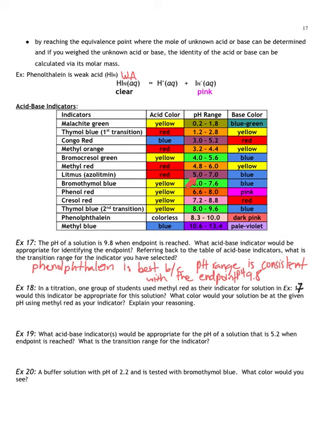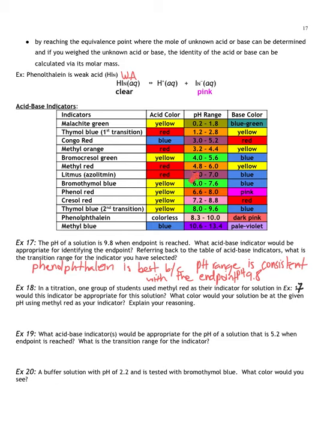You can use litmus because the pH range is within that 5.2, and you can write down the range, 5.0 through 7.0. There's also methyl red you could use, and the pH range is 4.8 through 6.0. You can also use bromocresol green, which is 4.0 to 5.6, and that's it.